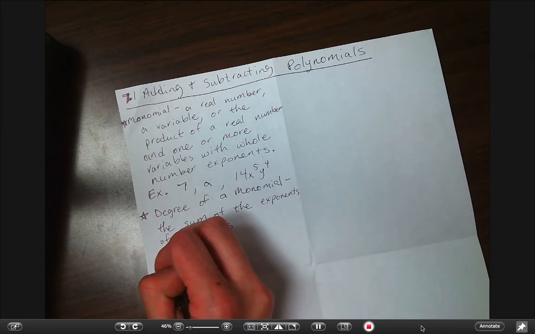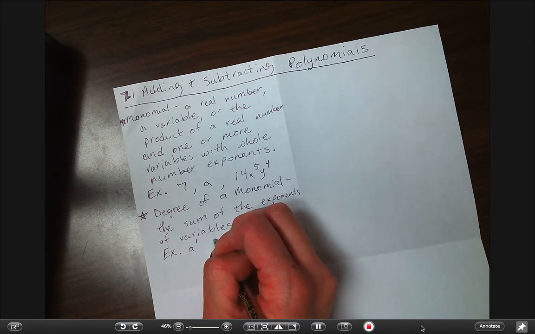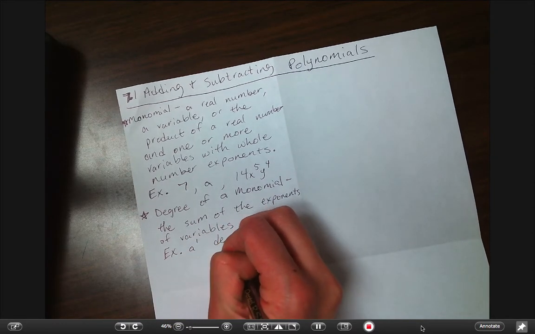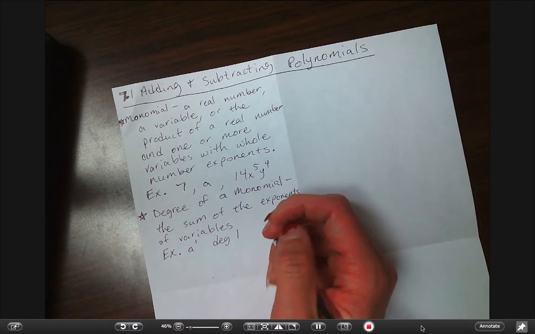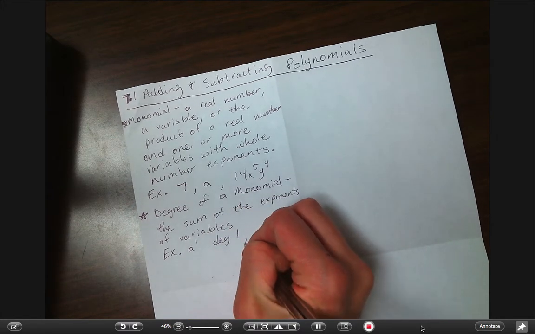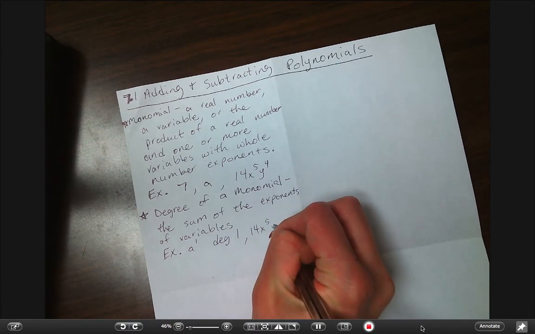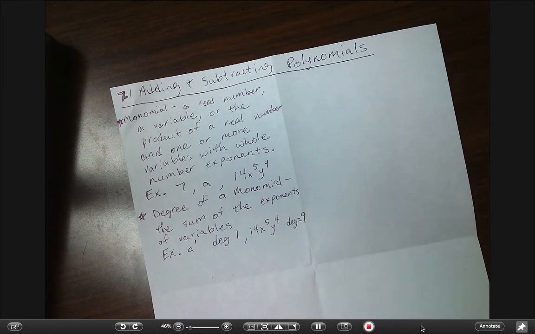For example, a to the first has degree 1. 14x to the 5th, y to the 4th, though, has degree 9.